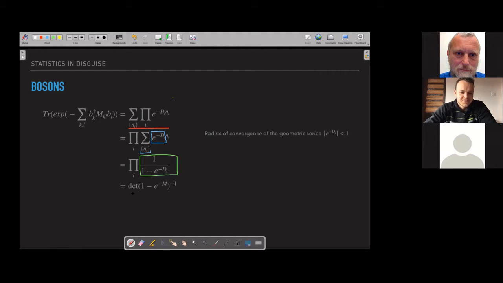Yes. And again, using the same trick that this is a diagonal matrix, the product of the diagonal entries is equal to the determinant of this matrix.